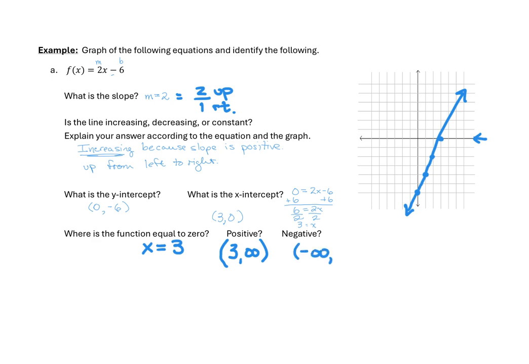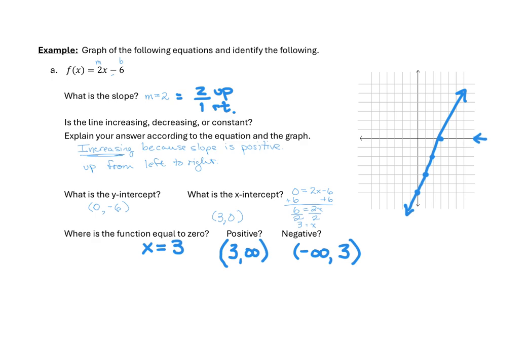And it is below the x-axis, starting way over here, and we keep going until we get to where it's equal to 0 again. And so it's going to be from negative infinity to 3, and again, we want a parenthesis because being equal to 0 is not the same thing as being negative.